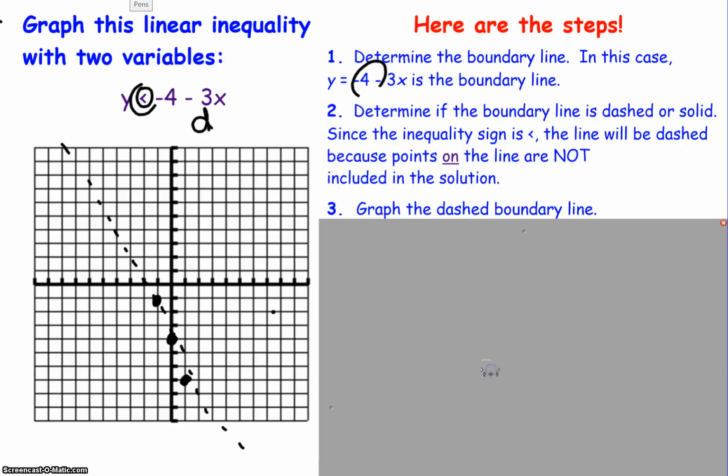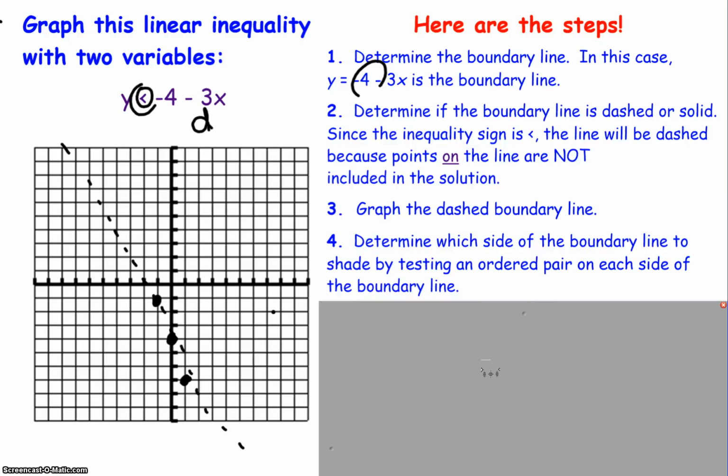So we know that any point that lands on it is not part of the solution, and that's where that came in. So let's test our points. Try (0, 0) again. That's a really easy one unless it goes through the origin, and then it's not easy.